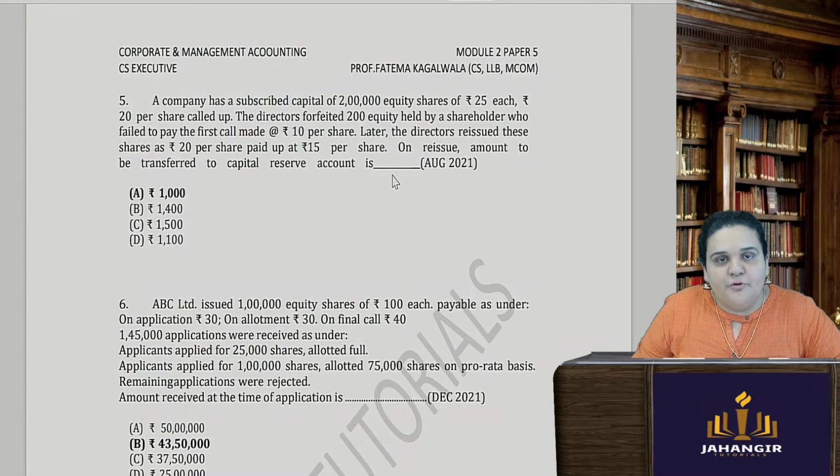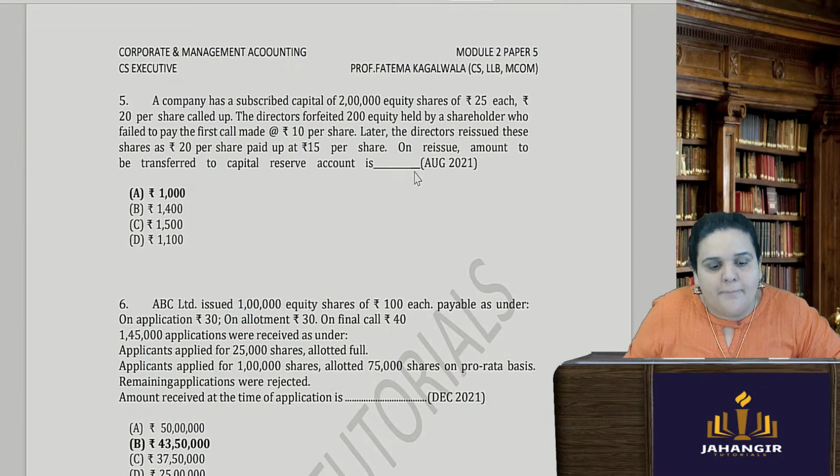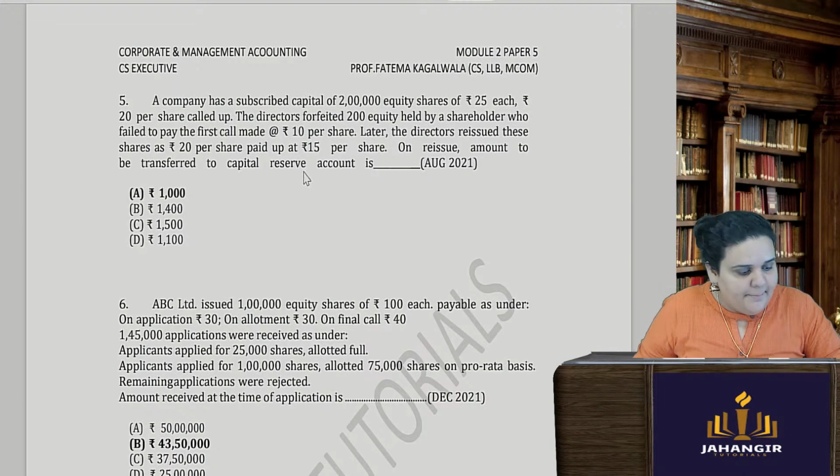The directors forfeited 200 equity shares held by a shareholder who failed to pay the first call made at rupees 10 per share. Later, the directors reissued these shares at rupees 20 per share, paid up at rupees 15 per share. On reissue, amount to be transferred to the capital reserve account is how much?